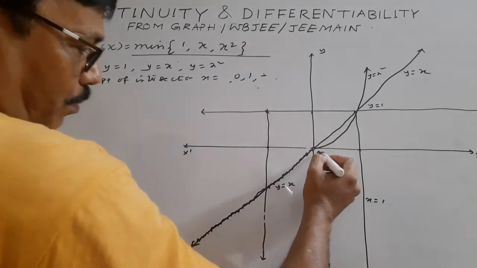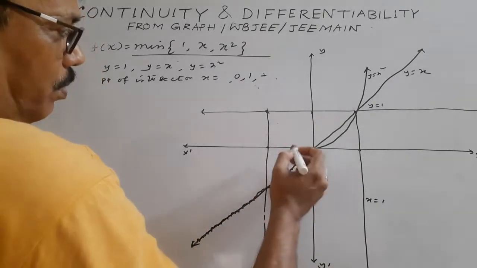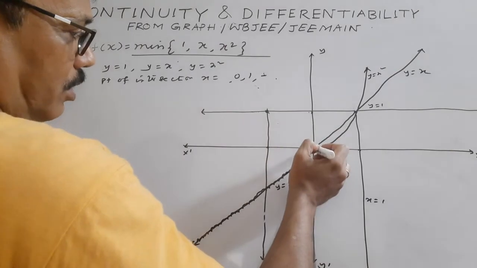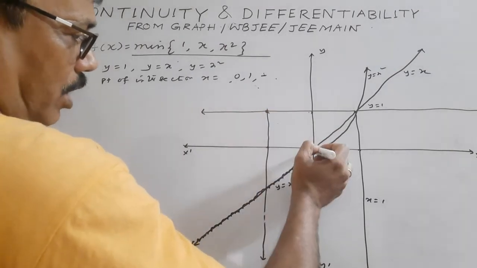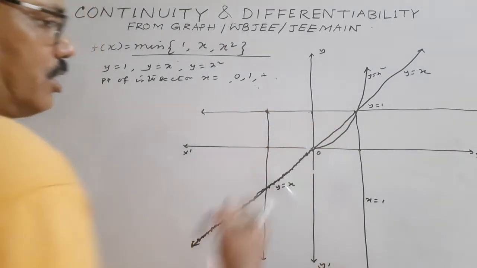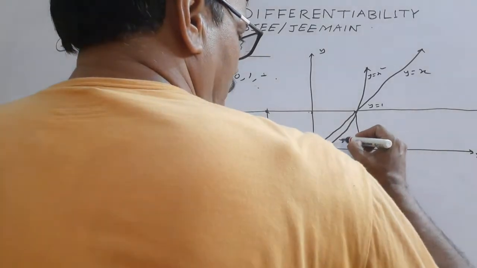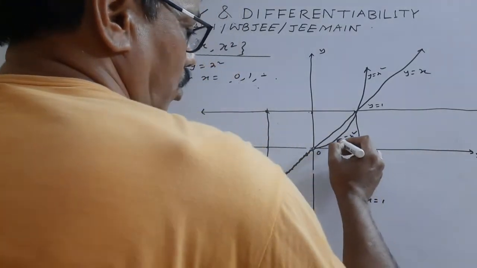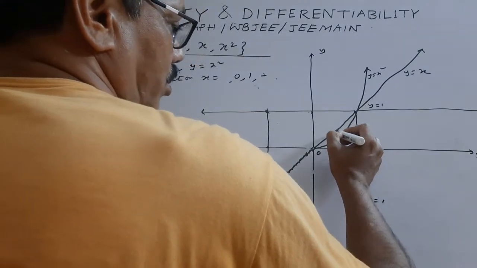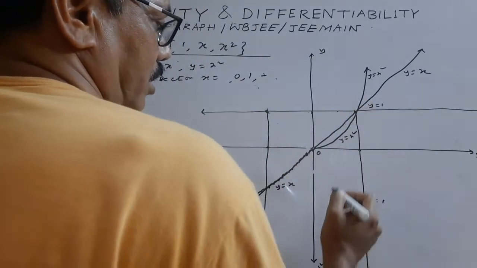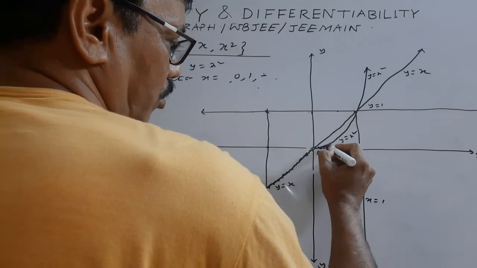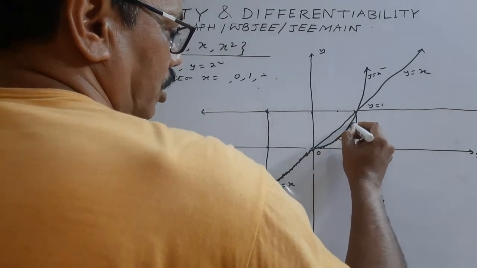Up to 0, the minimum of this is y equals 1, this is y equals x square and y equals x is this. Then this one is y equals x square, this is y equals x, this is y equals 1. So what is the minimum? The minimum part is this one.